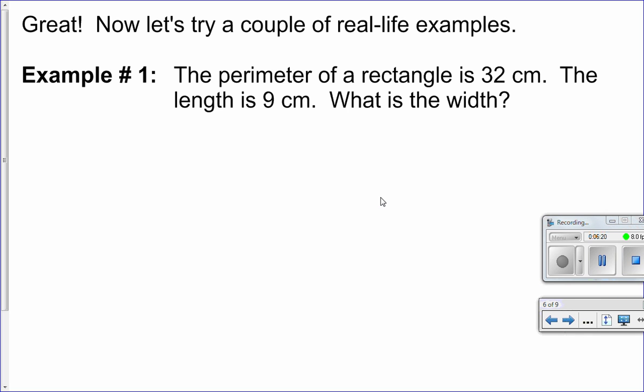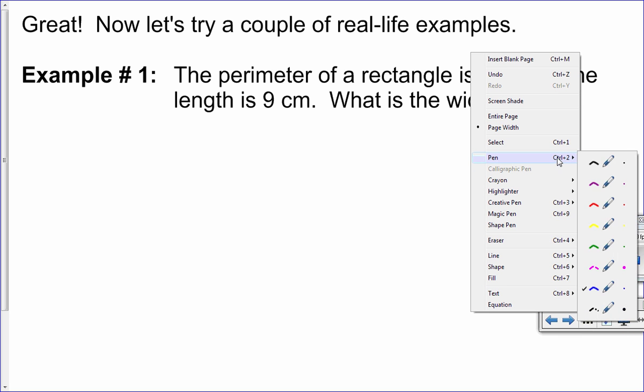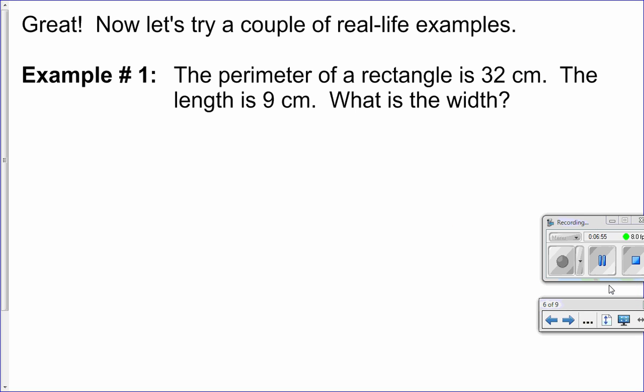Okay, so let's try a couple of real-life examples. Here's the first one. The perimeter of a rectangle is 32 centimeters. The length is 9 centimeters. What is the width? Well, we can think of it this way. We know that to find the perimeter of a rectangle, you add all of the sides together.